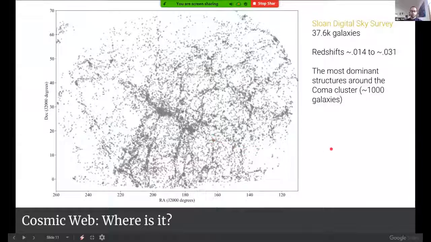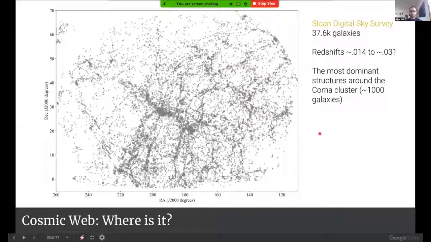When you look at the data, this is a selection of 37,000 galaxies, again each an individual point, from the Sloan Digital Sky Survey, a wide sky survey of what's out there in space. It's zoomed on the Coma cluster, this dense structure in the center. You can see there is a hint of structure visible in this data, but it's not very clear where it is and how to resolve it in space.